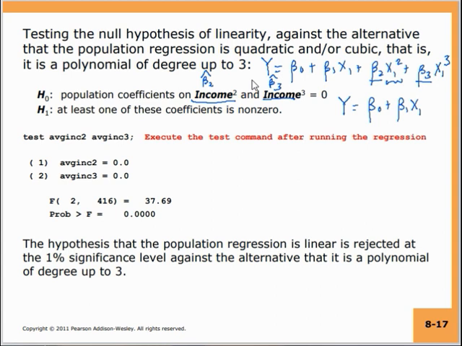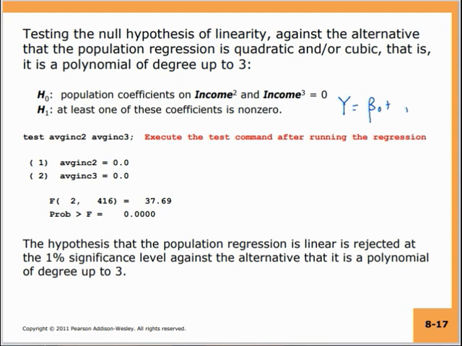So if beta 2 hat is not equal to 0, or beta 3 hat is not equal to 0, or both of them are not equal to 0, in any of these three cases, you reject the null hypothesis that they are both equal to 0 and that your function is linear. Okay, so if you reject this null hypothesis, then you can say that actually your function is non-linear in reality.